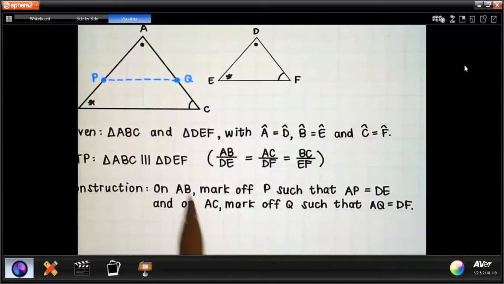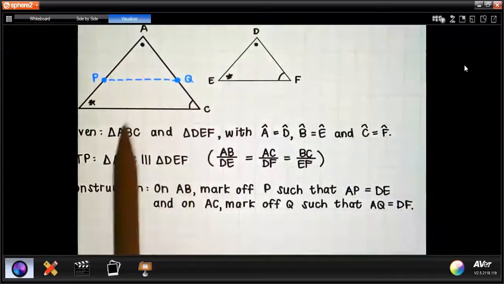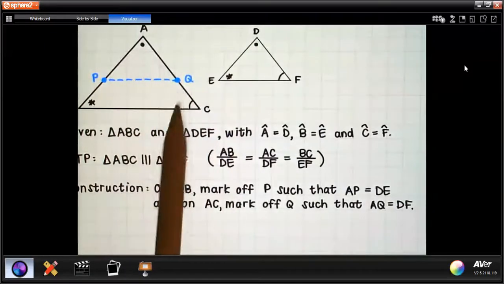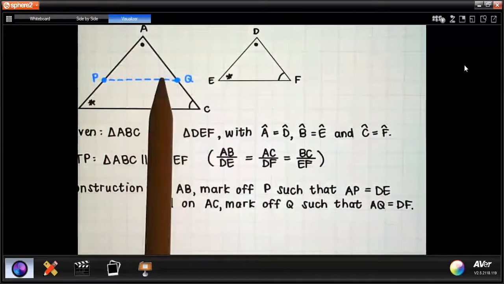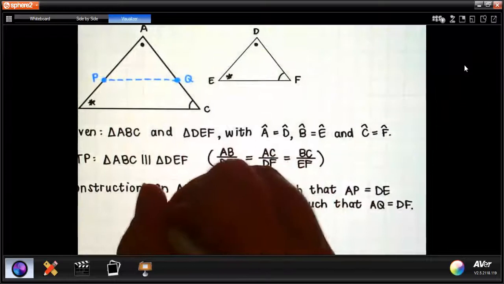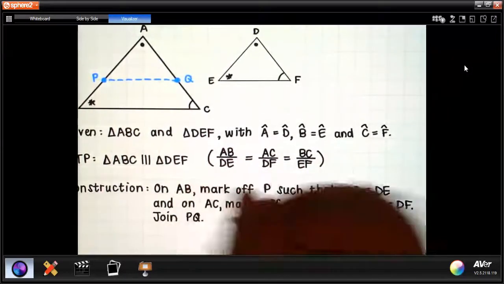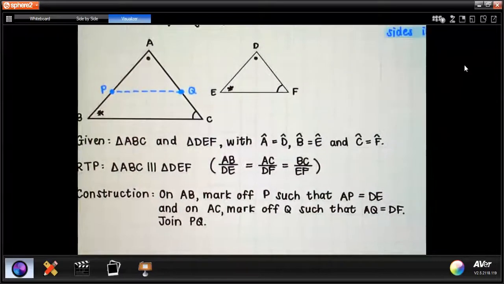Okay, so on AB, mark off P such that AP is equal to DE. And on AC, which is this line, mark off Q such that AQ is equal to DF. And then we're going to join PQ. Okay, that is the full construction.